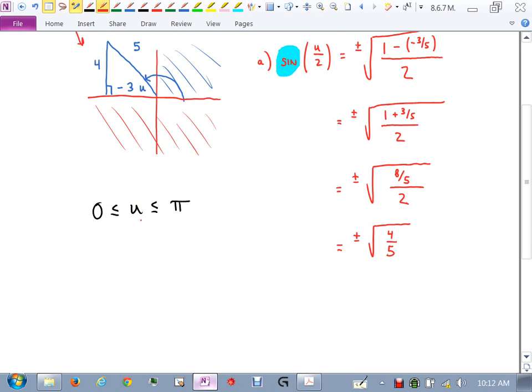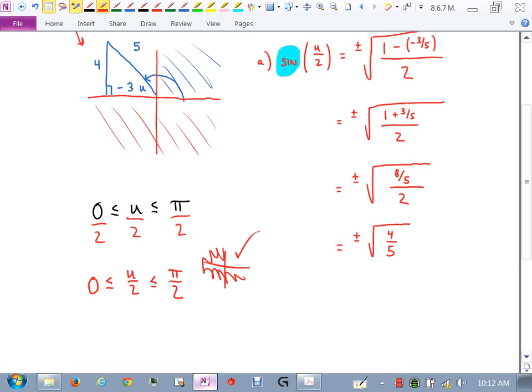So if I divide everything by 2, that tells me what U over 2 is going to be. 0 divided by 2 is 0. U over 2 stays here, and then over here is pi over 2. So that tells me the angle U over 2 has to be between 0 and pi over 2, which means I am in quadrant 1.